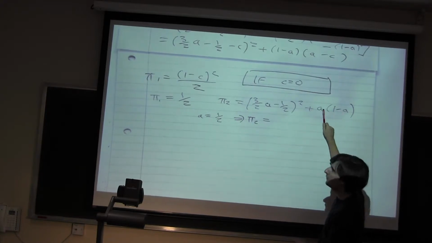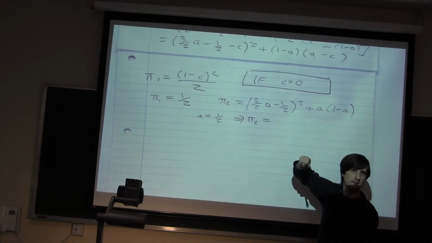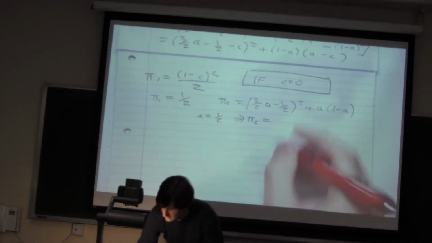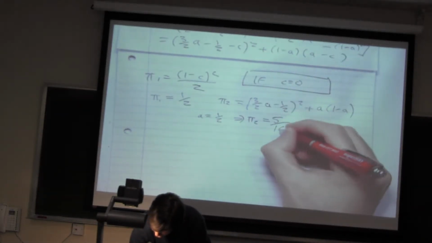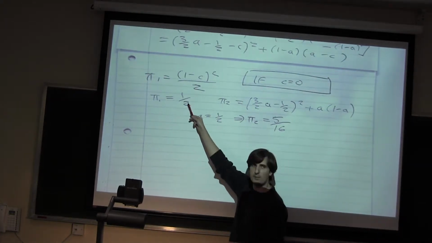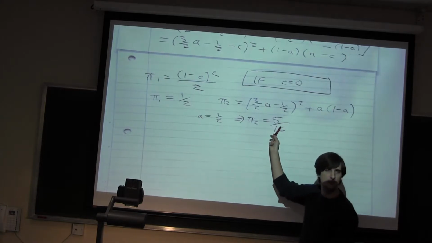Half times a half is a quarter, so this is 1/16 plus a quarter, so it's 5 over 16. Okay, so in that case, selling in 1 market makes higher profit than selling in 2 markets.